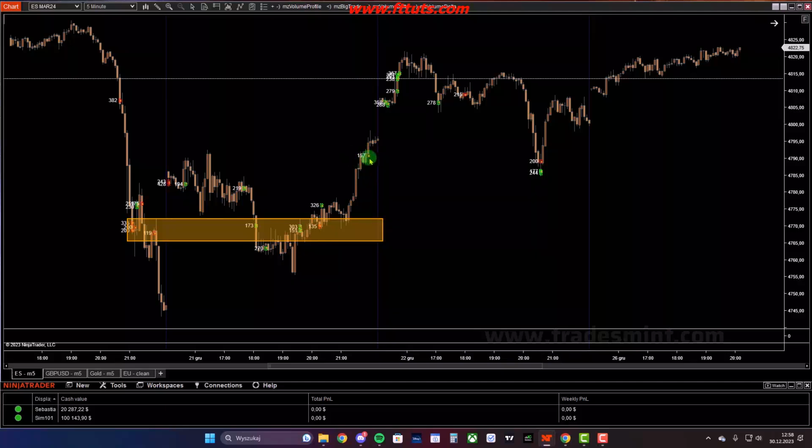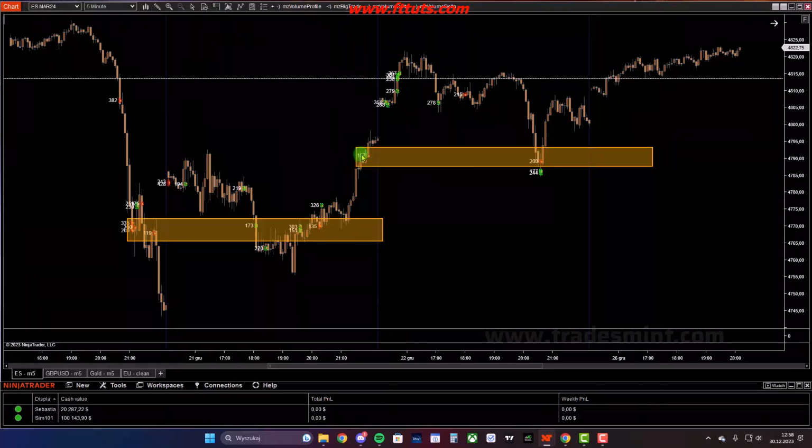Here again, by the end of the session there was some trapped seller and the price, unfortunately for him, moved up. So here's also a potential zone.